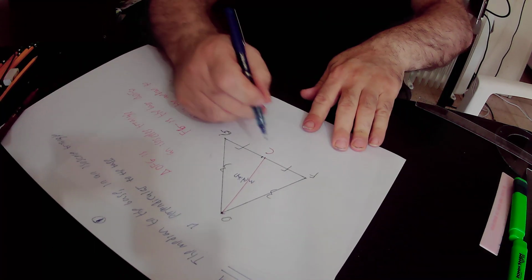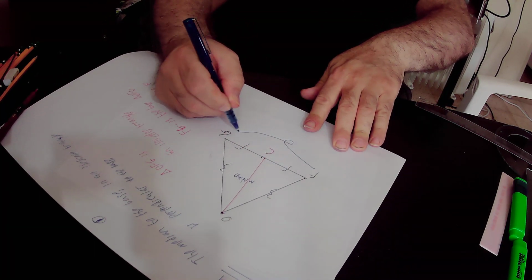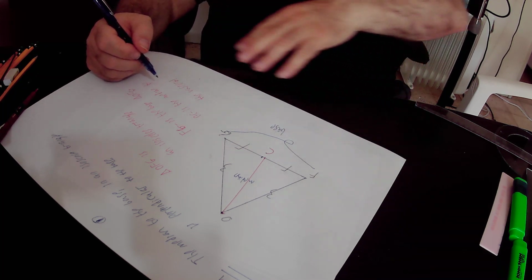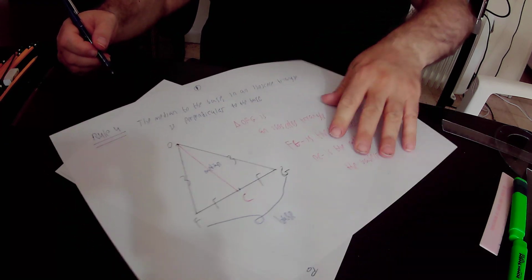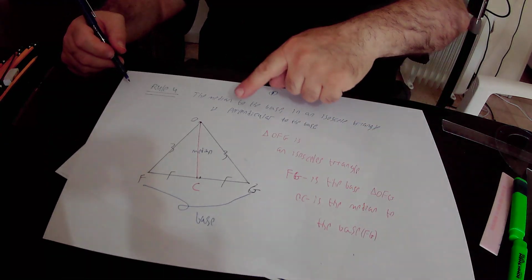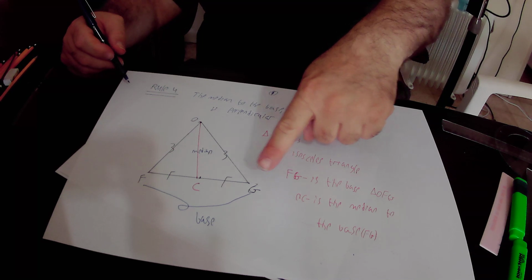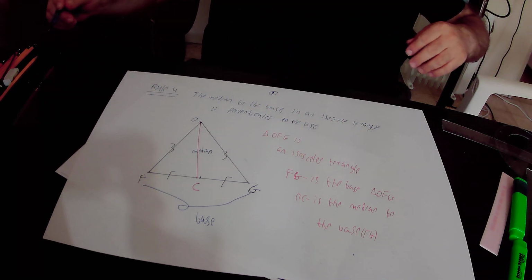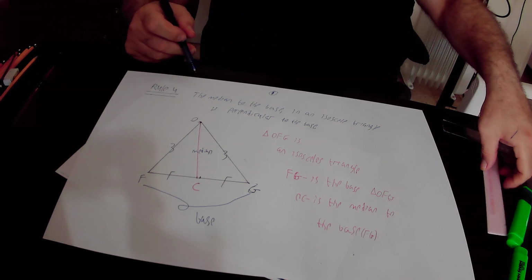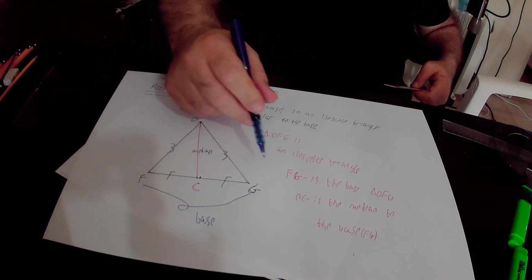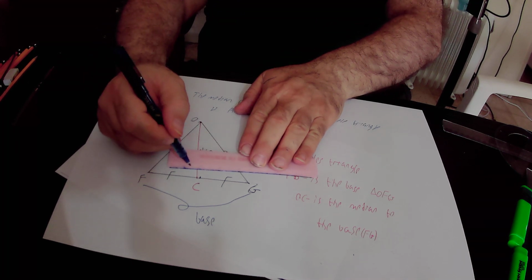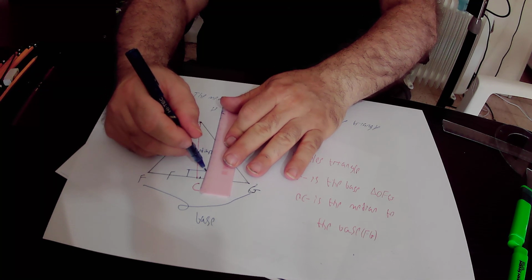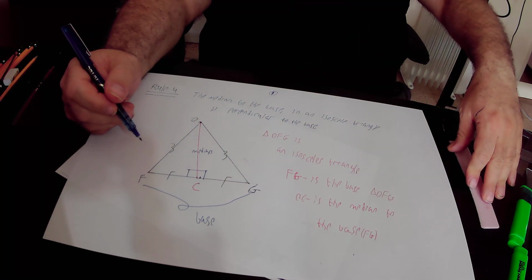This is the base of the isosceles triangle OFG. So that is to say, OC is perpendicular to FG. That is to say, this angle equals 90 degrees, and this angle will also be equal to 90 degrees. Okay?